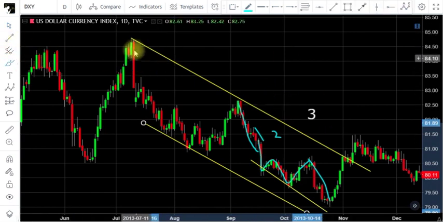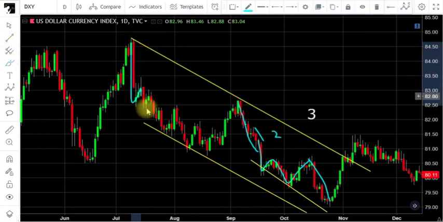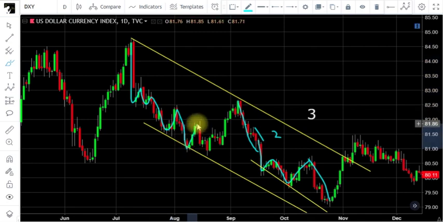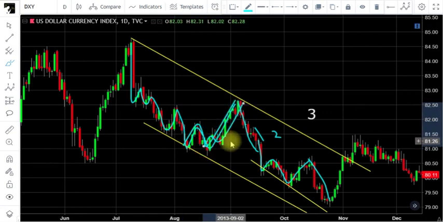So what's the first wave? Potentially that's the first wave, that's the second wave, third, fourth and fifth. With maybe a 1, 2, 3, an A, B, C with a three wave in there.